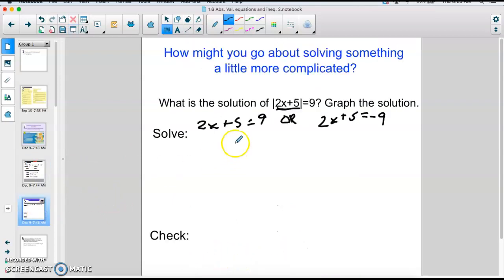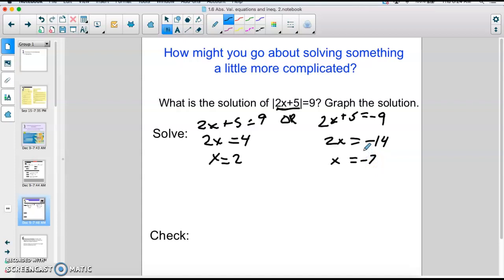Okay, so now we just solve both sides. 2x, we subtract the 5 and we get 4, and we divide by 2 and we get 2. So that's one situation. Now over here we subtract the 5 and we get 2x equals negative 14. And we divide by 2, we get x equals negative 7.